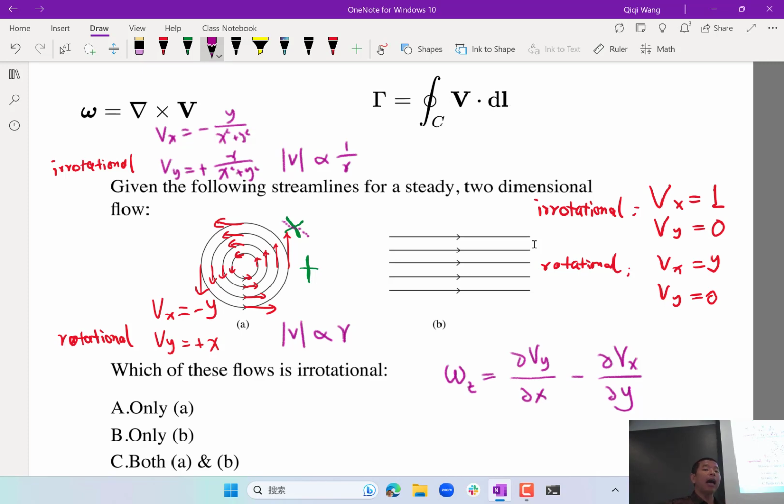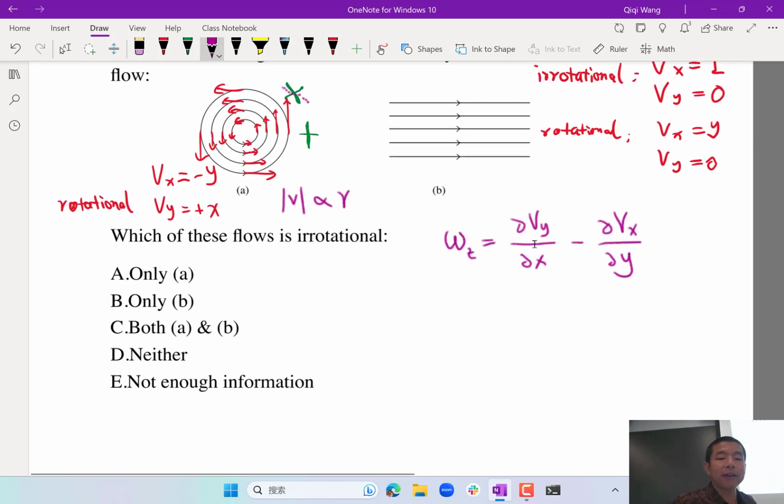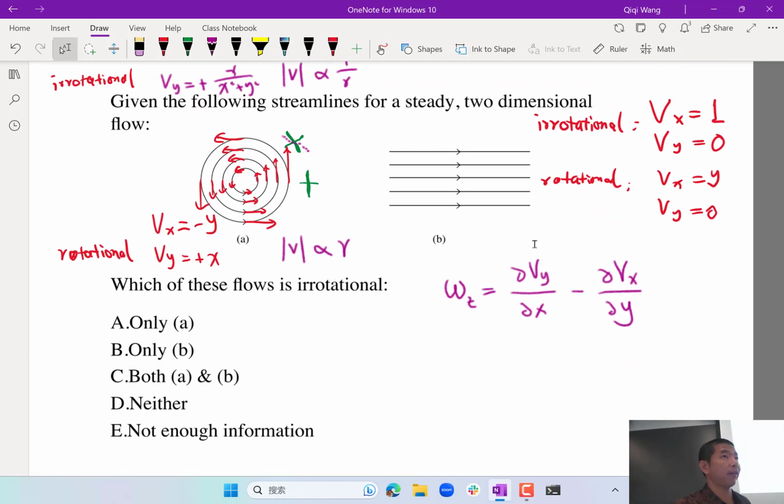Now one of the interesting things is to think about circulation. If you think about circulation on this flow field, you can draw a box. For an irrotational flow field, the circulation integrates to 0. Let's just draw one box. As you integrate along this direction, you accumulate positive integral.